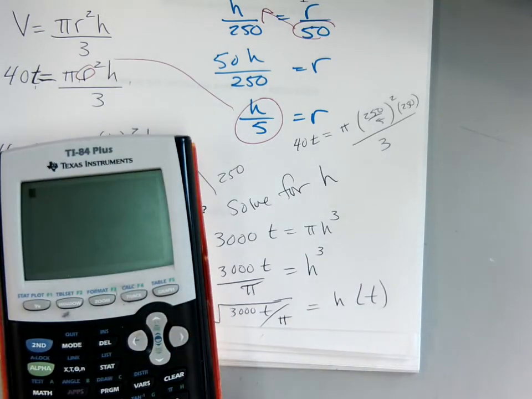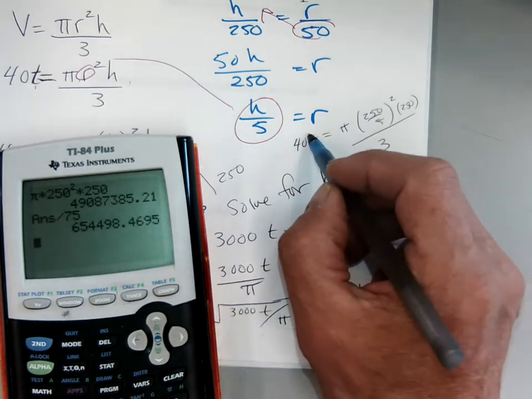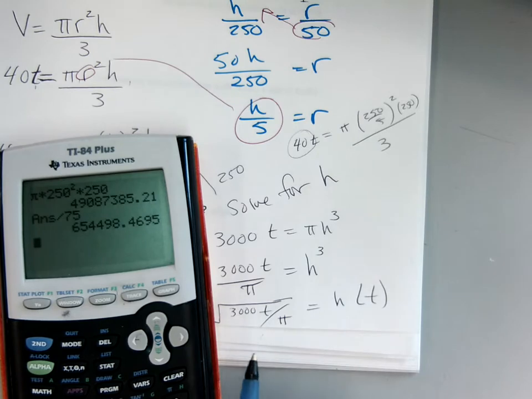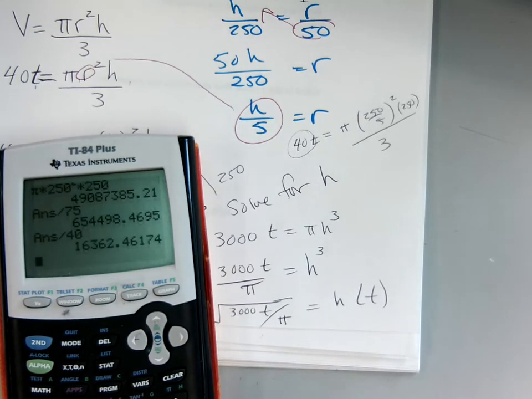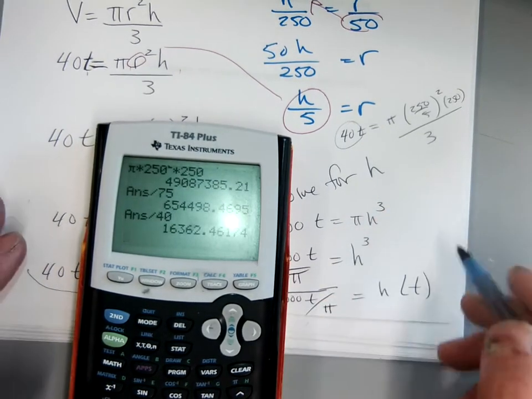Right, let me do this bit by bit. Okay, pi times 250 squared times 250. I'm going to divide that by 75, right? And I'm going to divide that by 40, okay?